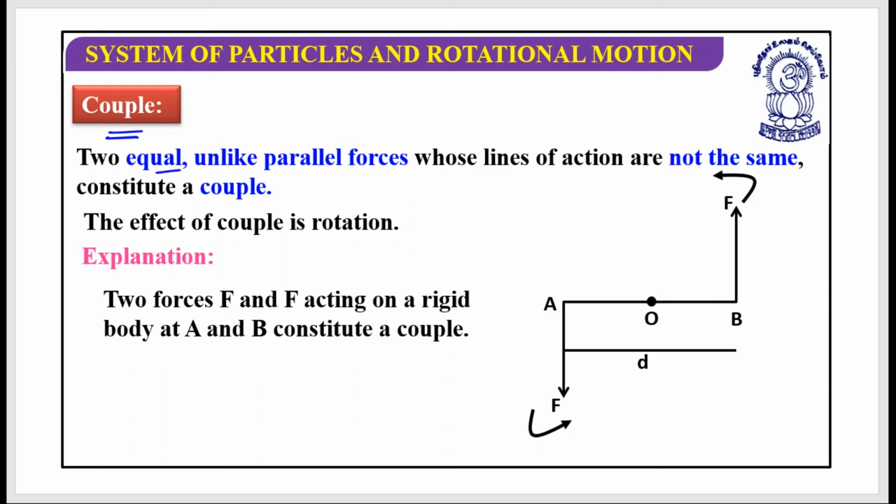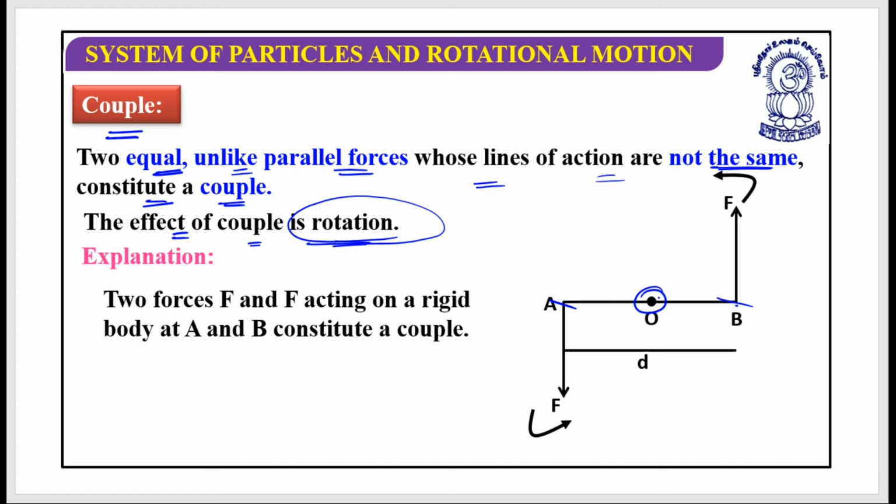It says that when two equal but unlike parallel forces whose lines of action are not the same act, they constitute a couple. And the effect of a couple is rotation. So let's understand the situation: this is the point O, where a rod AB is hinged.